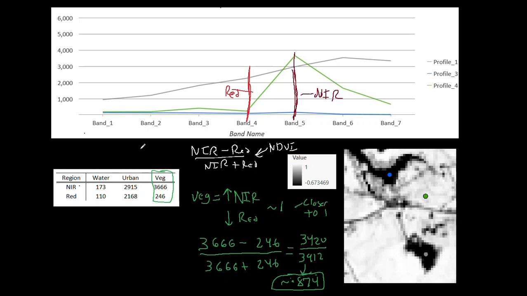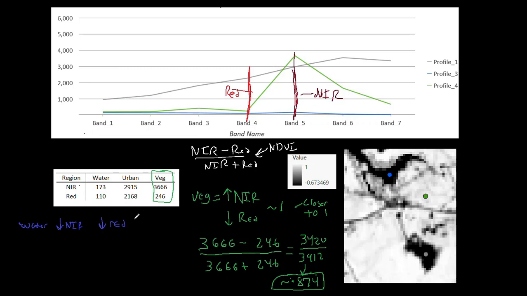Okay, let's talk about water for a second. Looking at the same bands, we have the NIR band here and the red band here. Water is fairly low in NIR, and it's also fairly low in red. There's a little bit of an uptick in NIR, so they're not going to be exactly equal.